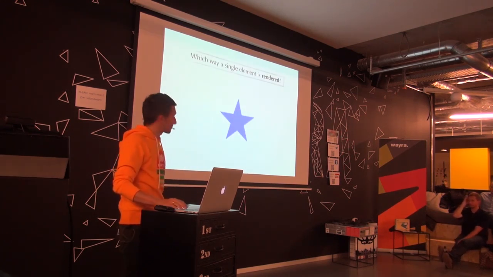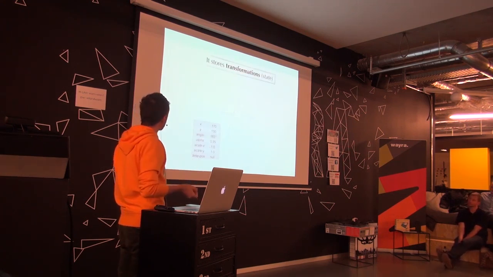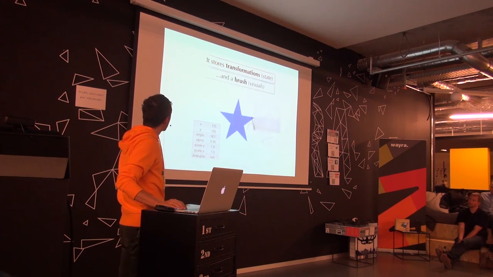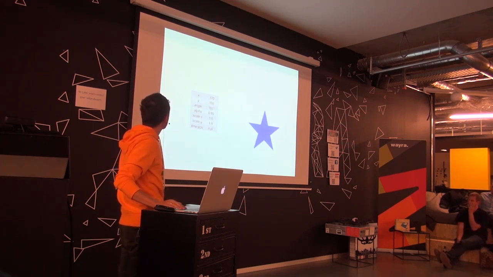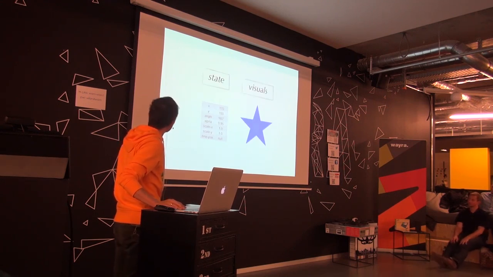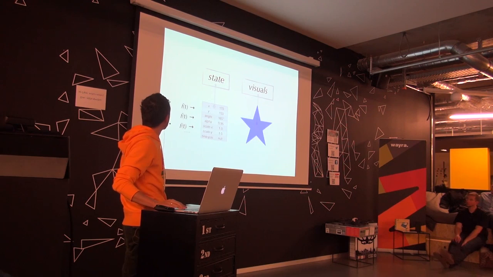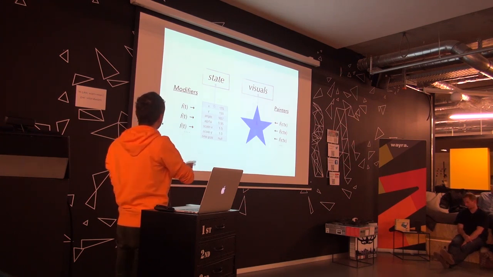Every element consists of its transformations, the state, and a brush, which is visuals like text or image or shape or anything. Together, and for user there are provided some functions, like we call them modifiers.